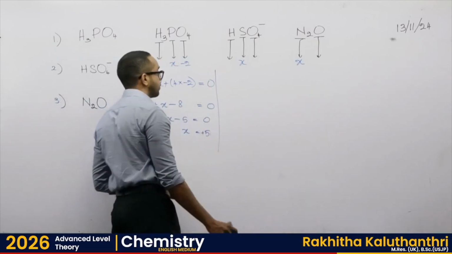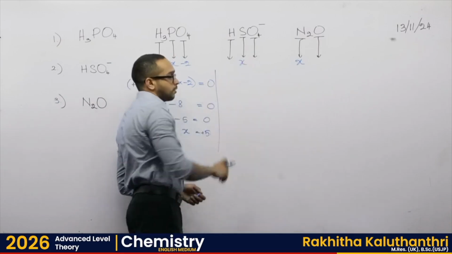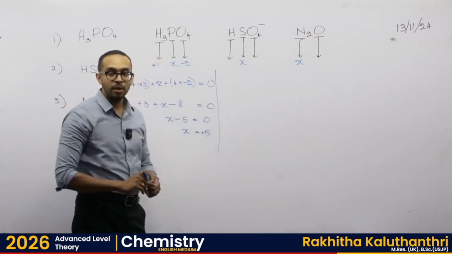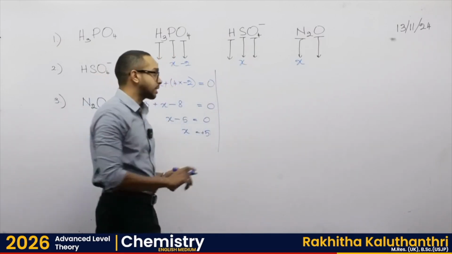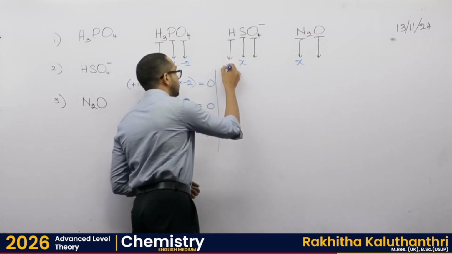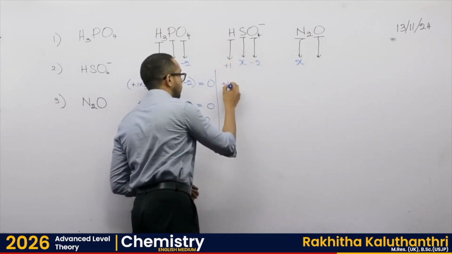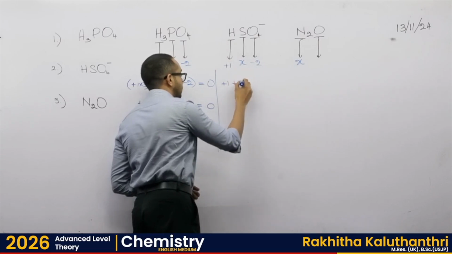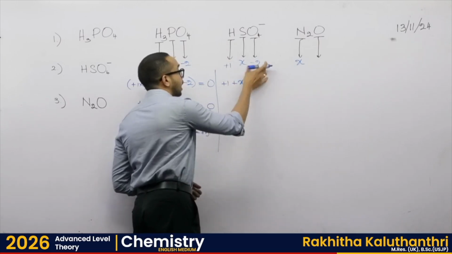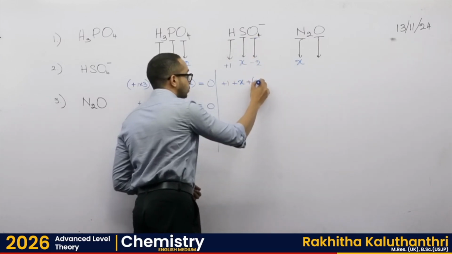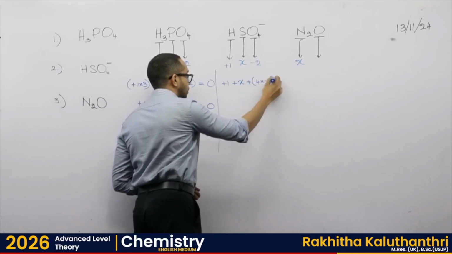If I move on to the next one, can someone tell me the oxidation state of sulfur here? +6, correct. So again, this is +1, this is -2. There's only one hydrogen, so I just write +1. There's only one sulfur, plus x. And there are 4 oxygens, so 4 multiplied by -2. Each oxygen is -2.